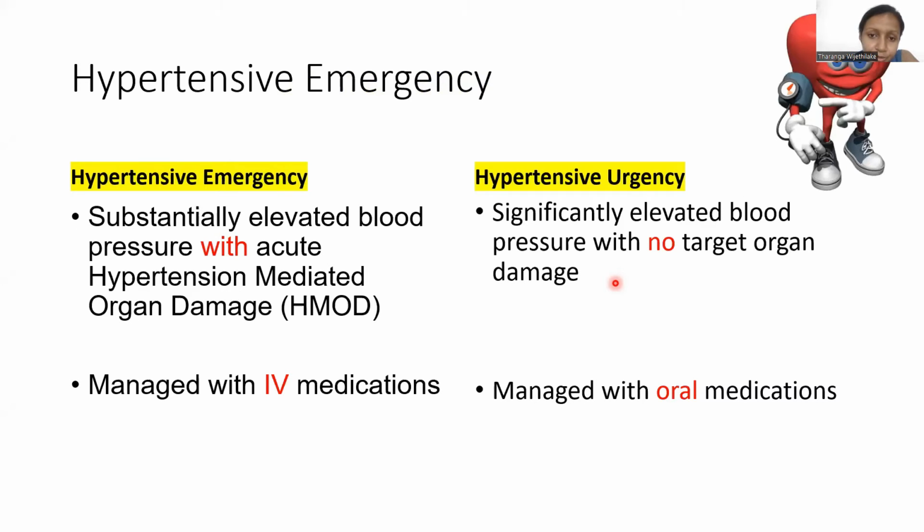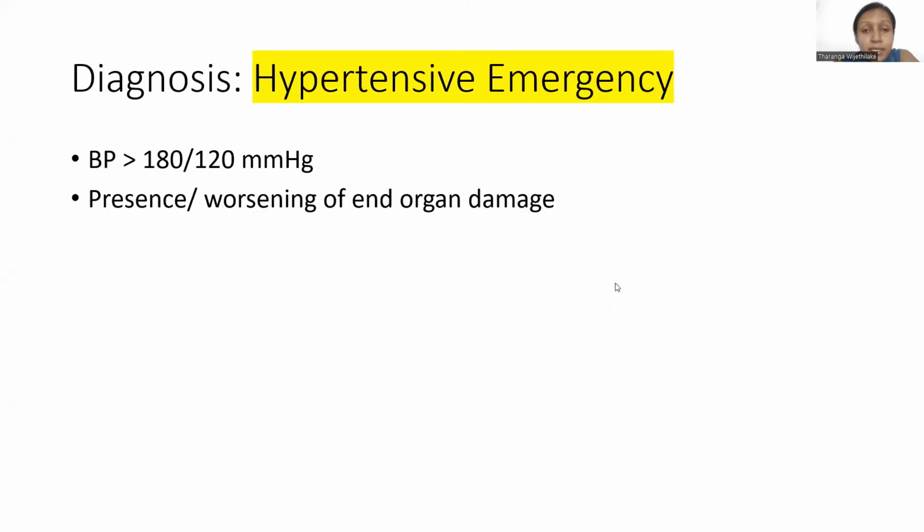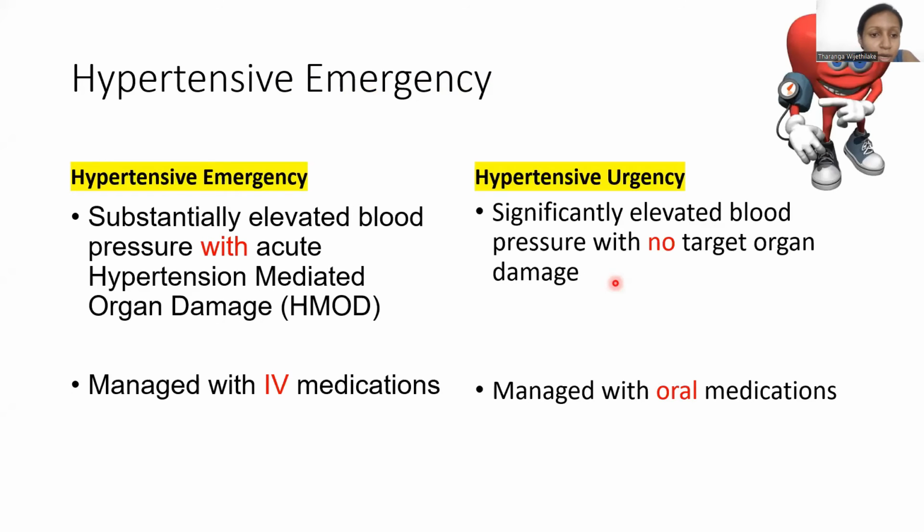Now, there are two terms under hypertensive emergency: true hypertensive emergencies and hypertensive urgencies. If you have a substantially elevated blood pressure, that is 180 over 110 to 120, with acute hypertension mediated organ damage, that's a true hypertensive emergency.